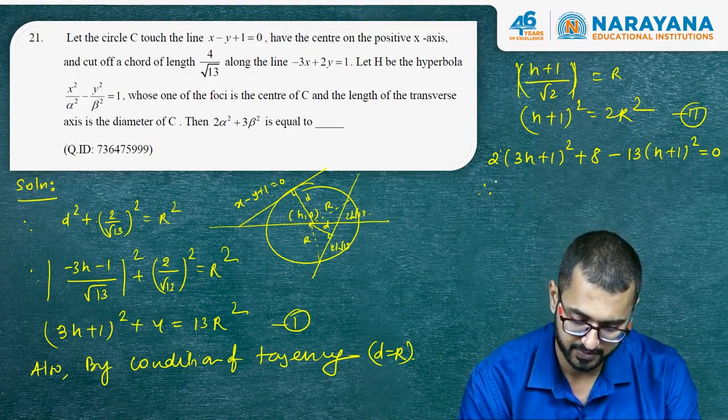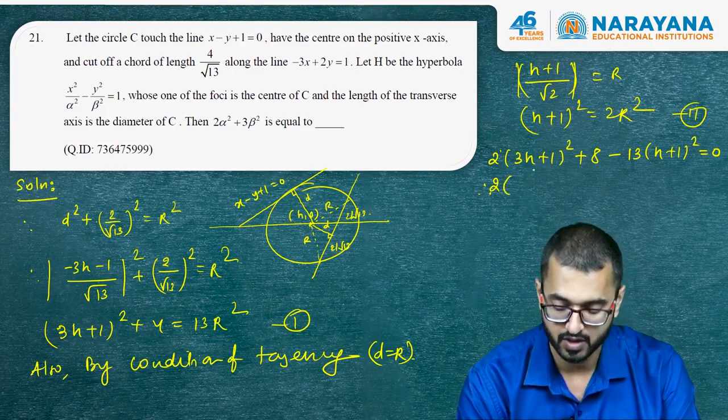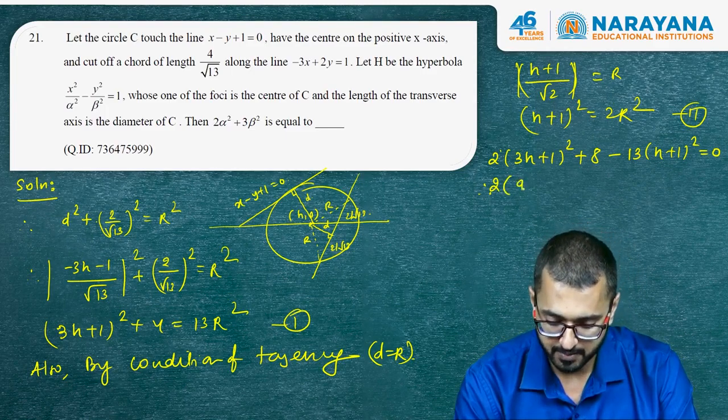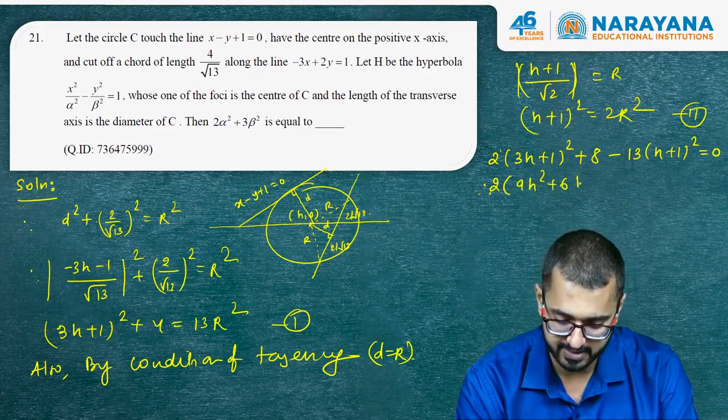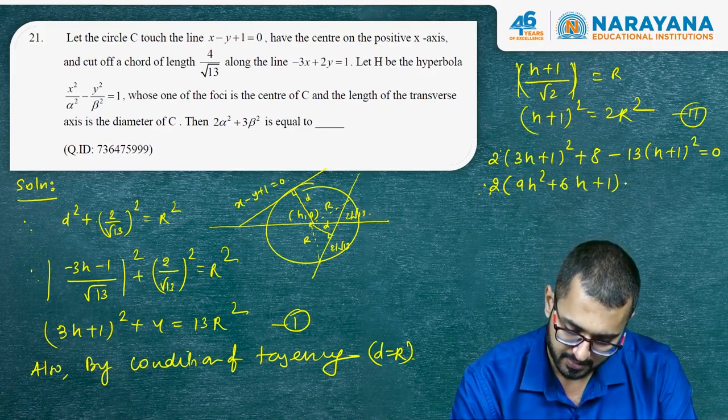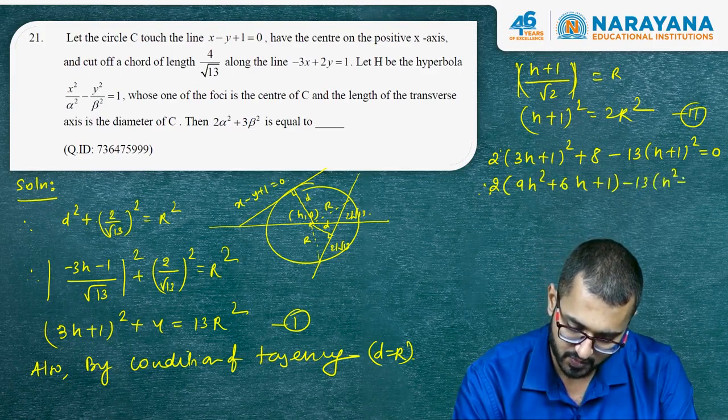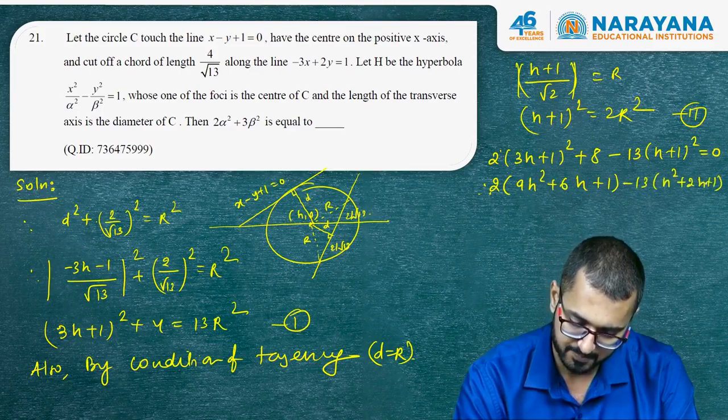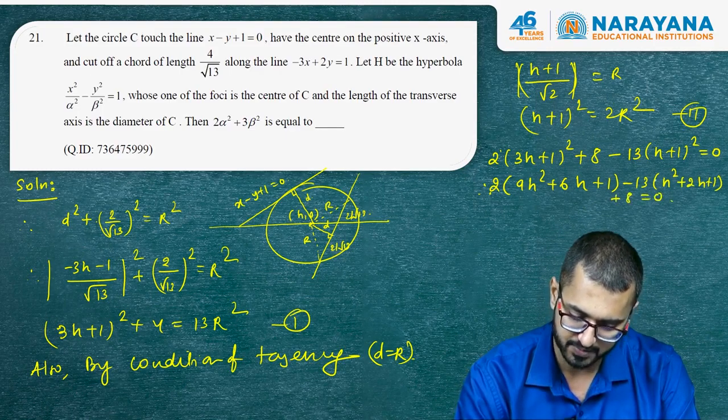So this would give us 2 times (9h² + 6h + 1) minus 13 times the same thing, (h² + 2h + 1), and then plus 8 is equal to 0.